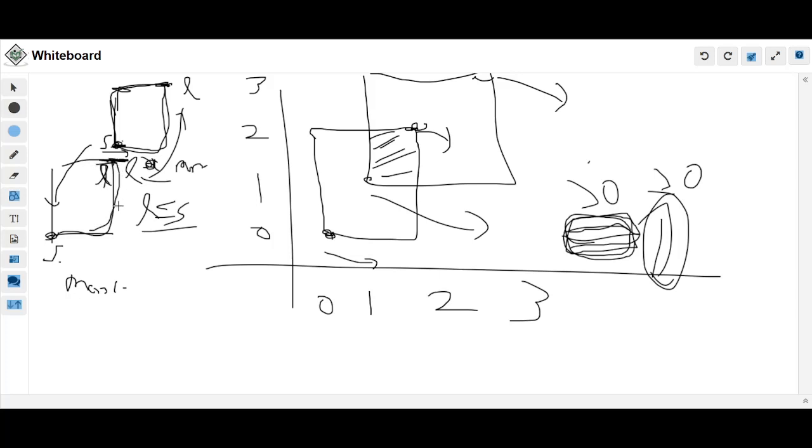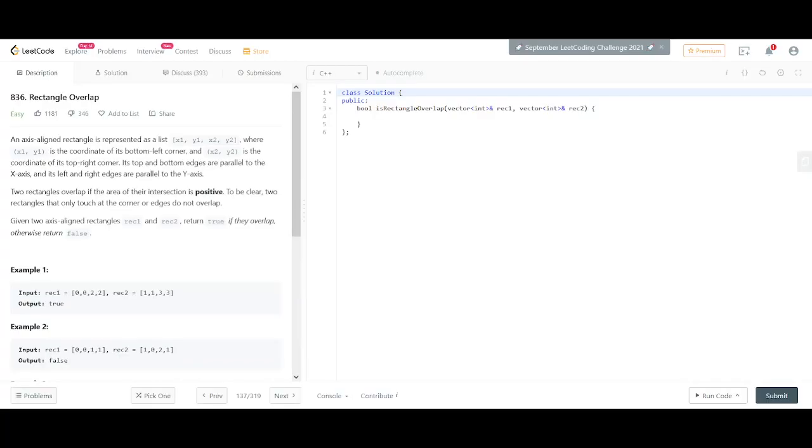As you can see in this condition, you might have gotten an idea of it. So we try to return. There can be two possible conditions. If we talk about rec1, then there is 2, and then the other coordinates for rec2.